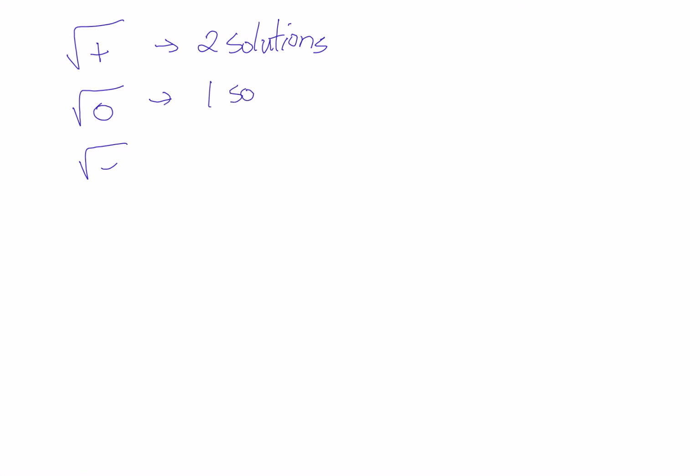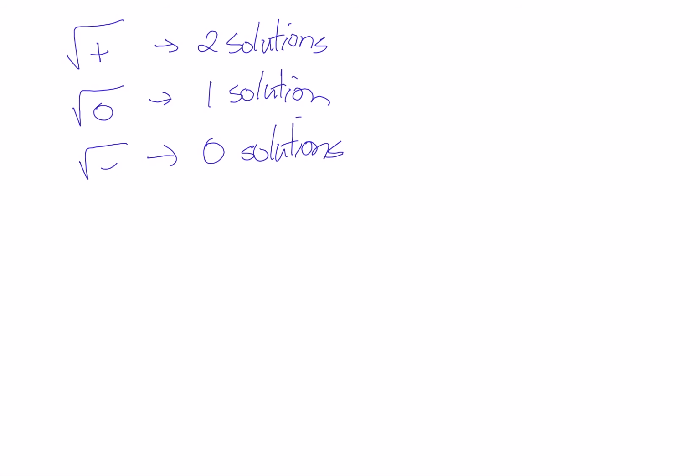So if you look at the last three examples, in the first one we had a positive square root. In the second one, our square root was equal to 0. And in the last one, we got a negative square root. Those are the three possibilities you could always get, and depending on what you get, that tells you how many solutions you have. A positive square root gives you 2 solutions, a 0 square root gives you one solution, and a negative square root doesn't work, so we get 0 solutions.